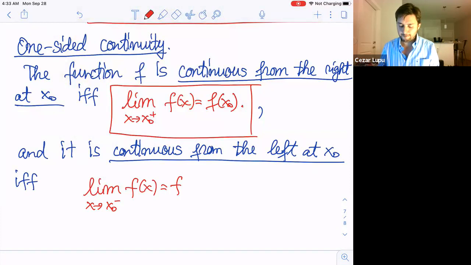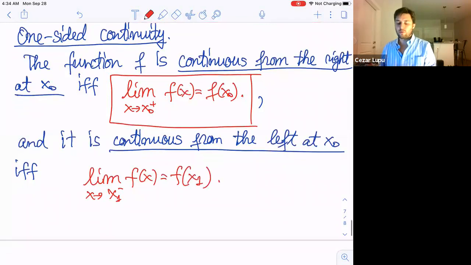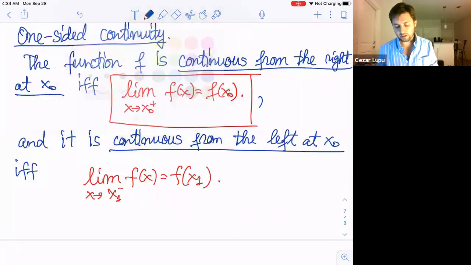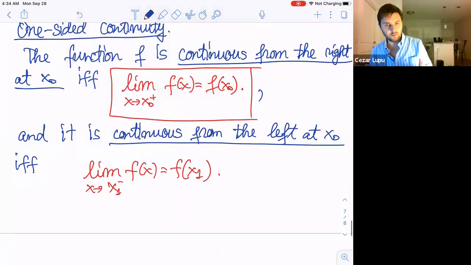Maybe I should have said, all right, so that I wouldn't make any confusion here, let me put x1 from the left is f of x1. All right, let me draw a picture so that things will be even clearer. So these are the formal definitions.